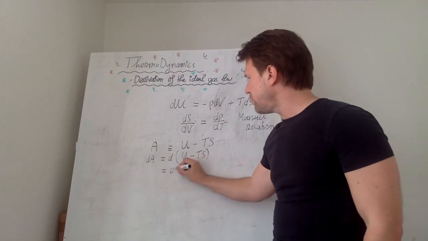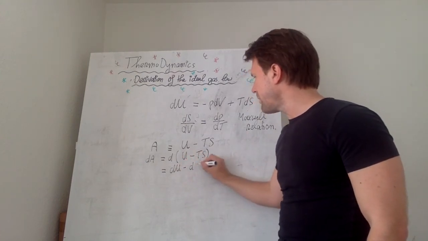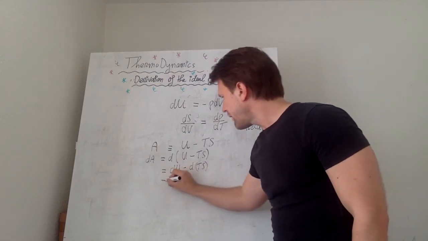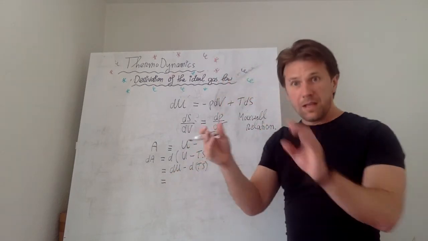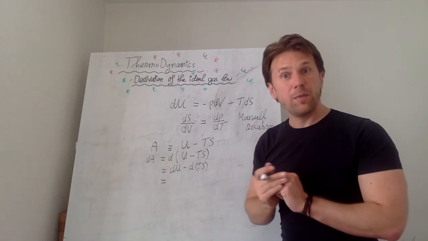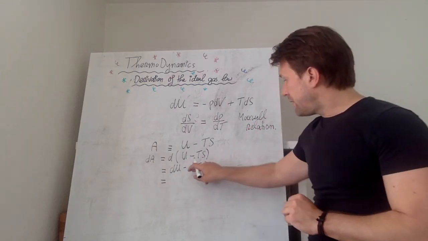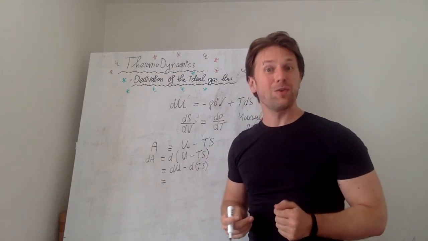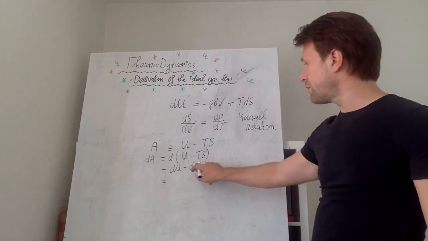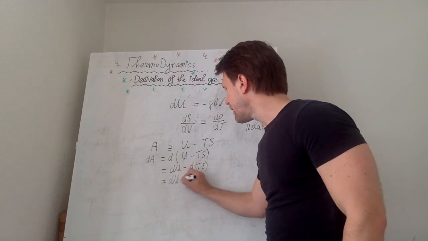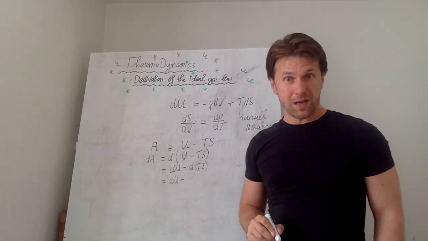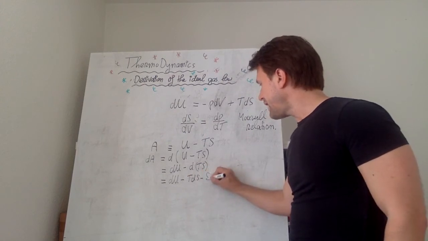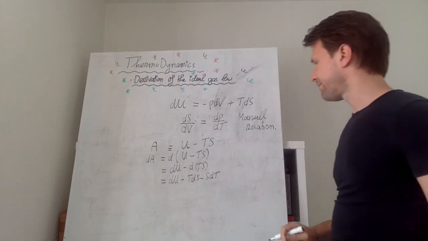Well, that just means dU, a small amount of U, and the small amount of T times S. And remember now that I said before that if you work with smallnesses on the scale that we are in thermodynamics, then these sorts of rules play by the same rules as your usual derivatives. So I have the smallness of TS, and I can use the product rule of differentiation again, which gives me T times dS minus S times dT.